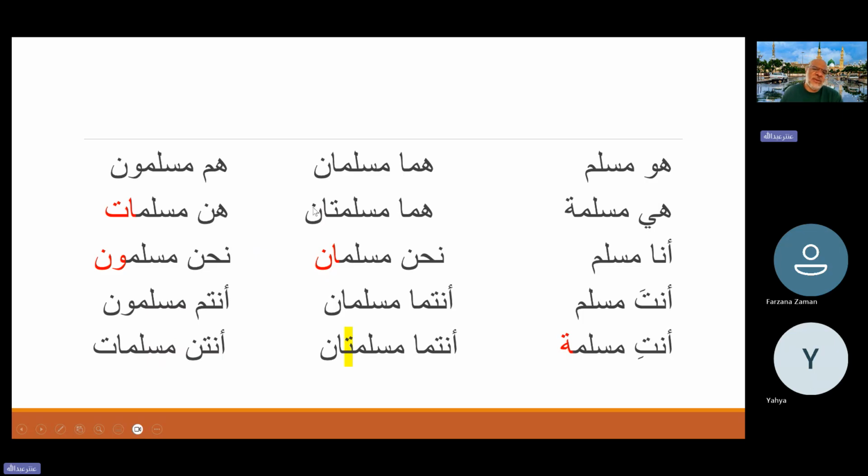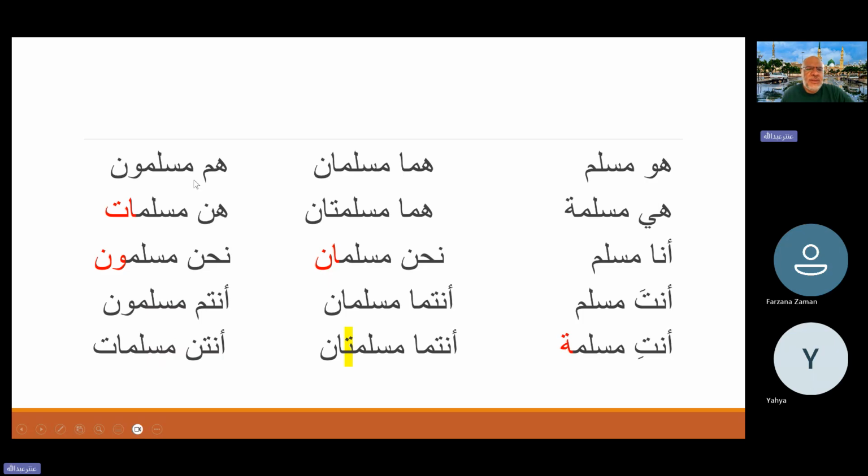And we said that the marker for the dual will normally be adding an alif and nun. When adding an alif and nun to a word that is singular male, we just add the alif and nun. If it is singular female, this ta marbuta turns to a ta maftuha, a normal ta, and then we add the alif and nun.